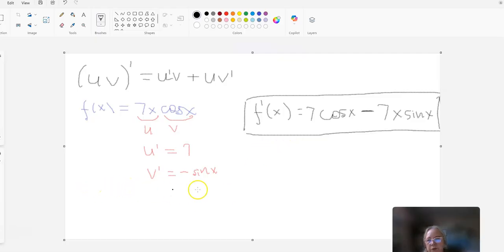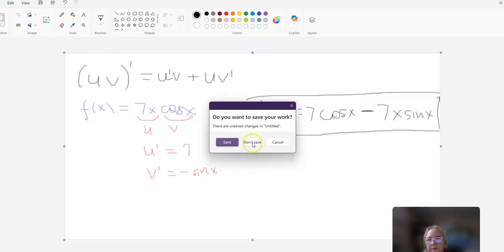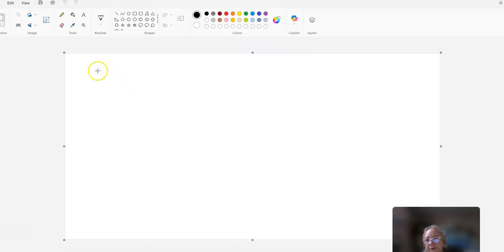Now, the second rule we will go over is the derivative of a quotient. So what if we have a quotient and we need to find the derivative? What is the rule? We have a quotient of two functions, let's say u divided by v.